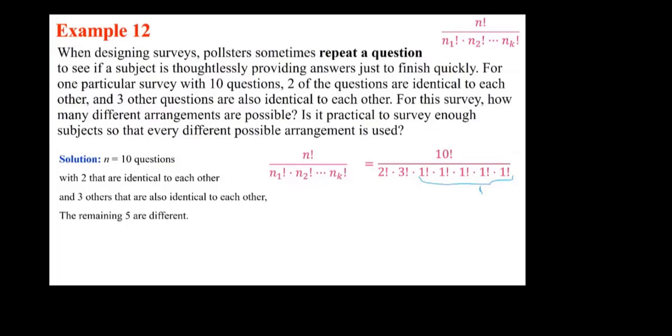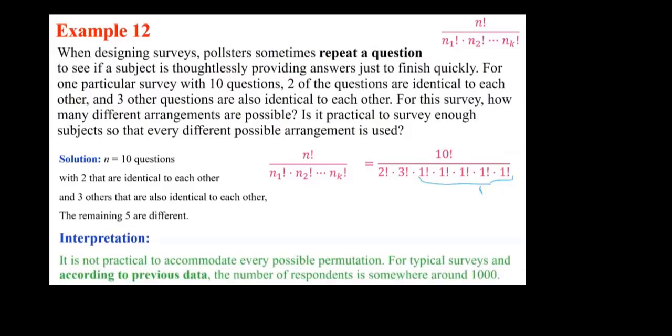So normally we write that to tell our readers how things go. And now we just put it into a calculator and we end up with the answer, which is a huge number when you think about it, 302,400 different ways. According to statisticians, for typical surveys, the number of respondents is just about 1,000.